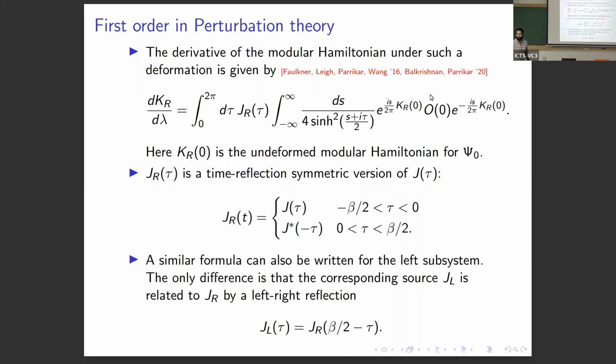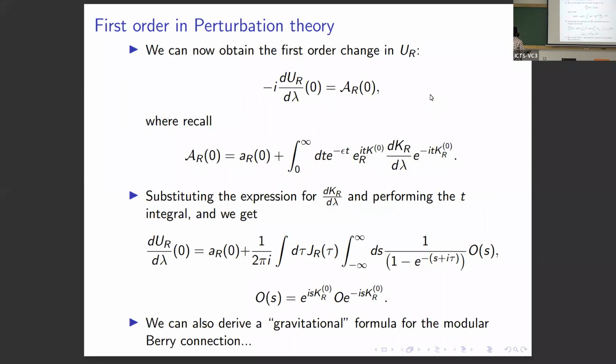I'm just trying to convey the idea that there's an explicit formula you can write down for dK by d lambda. And then you can plug it into our formula for the modular Berry connection and get a corresponding formula. So here's a formula, for example, for the modular Berry Wilson line, the exponential of the modular Berry connection, in terms of this operator O that was introduced in the Euclidean path integral.